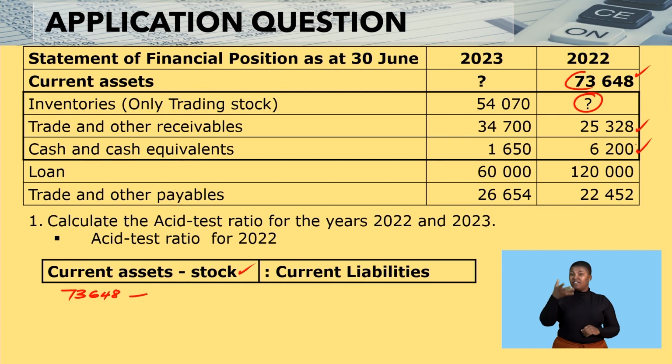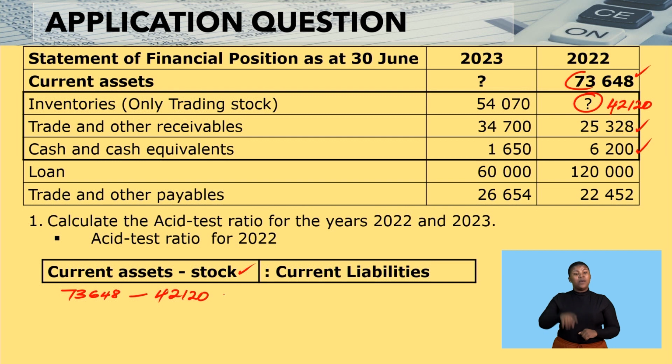Once you subtract these amounts, you get your trading inventory as 42,120.